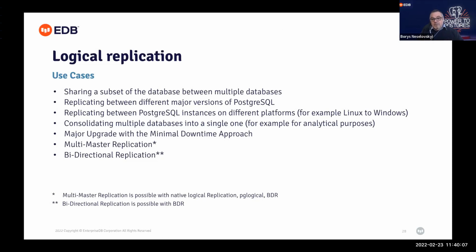It can be a very good method to protect against human error. Second, with logical replication you can replicate data between different operating systems, for example between Windows and Linux. It's a good option if you have to replicate data between different systems.